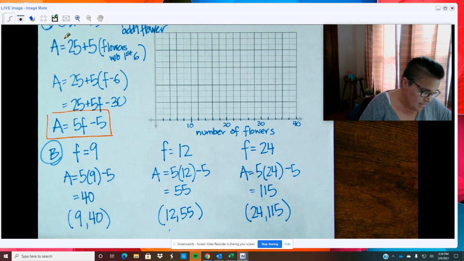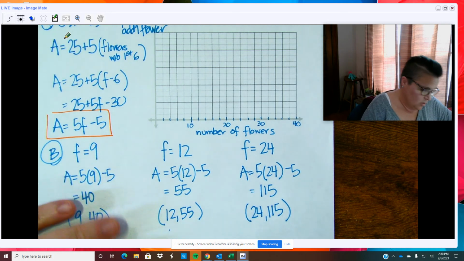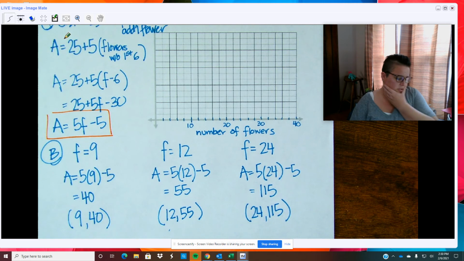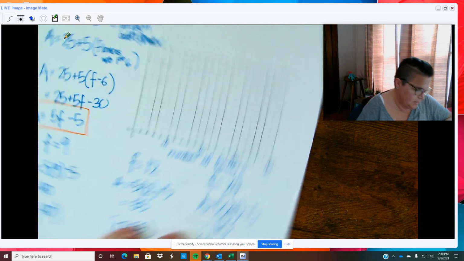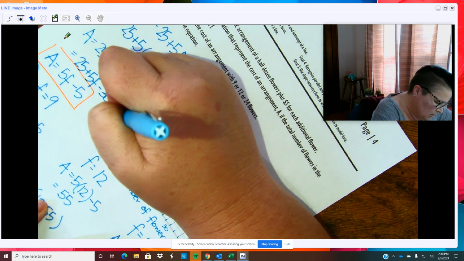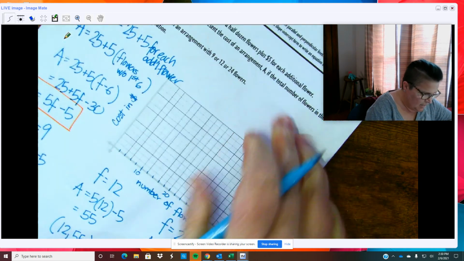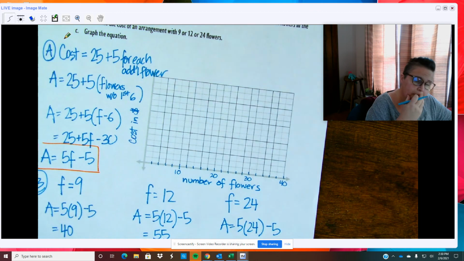Okay. And then the cost, I know that there are 15 here, and I need to get to at least 115 because that's my highest Y, or my highest vertical value. So this is going to be cost in dollars.